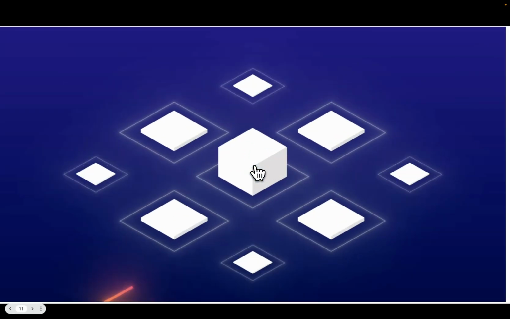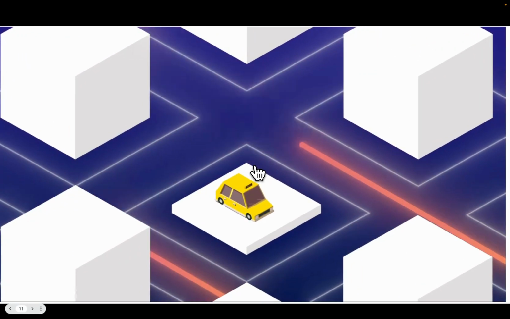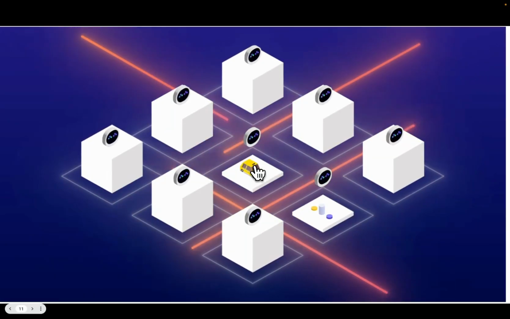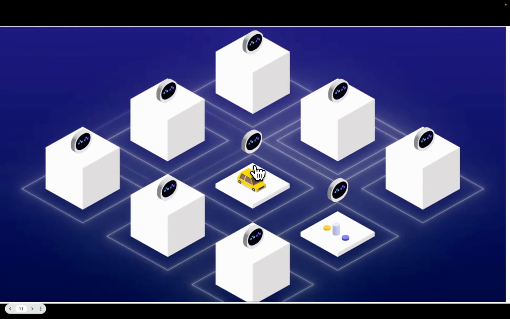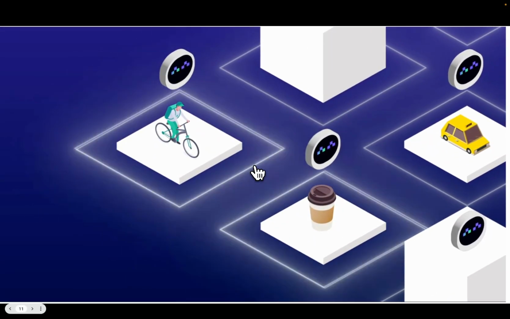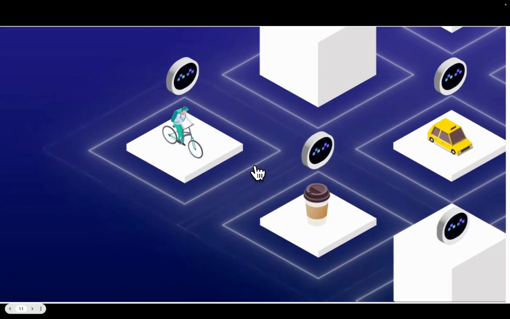Imagine Fetch.ai as a vibrant city where each service, like booking a taxi or managing warehouse inventory, is handled by an AI agent. AI agents handle independent specific tasks, like a bike service and a coffee shop, but they can team up to create complex solutions, like a coffee delivery service on bikes.